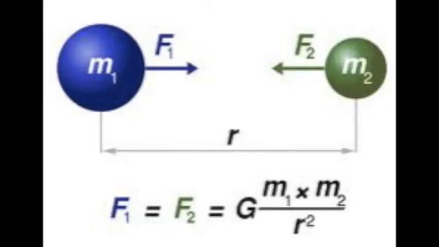In my earlier example of the Earth, I'm going to use M1 as Earth and M2 as the Moon. The Earth is bigger than the Moon. In Newton's law, this force of gravitational attraction is directly dependent upon the masses of both objects. This explains why the gravitational pull of the Earth is bigger than the Moon's.